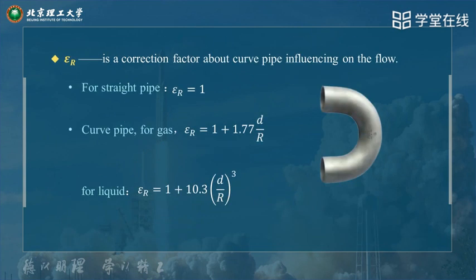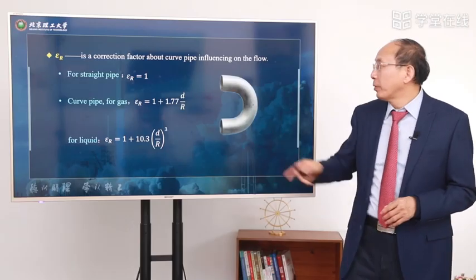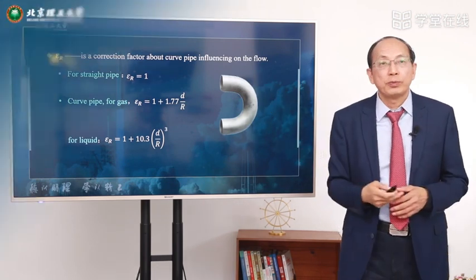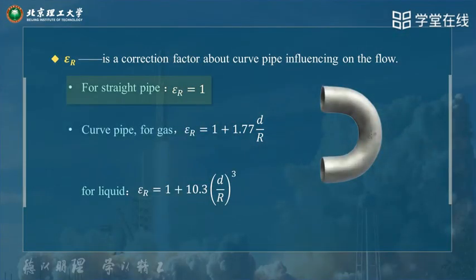Also, another coefficient, epsilon R, is a correction factor about the influence of a curved pipe on the flow. For example, it's a curved tube, not a straight tube. For straight pipe, epsilon R equals 1.